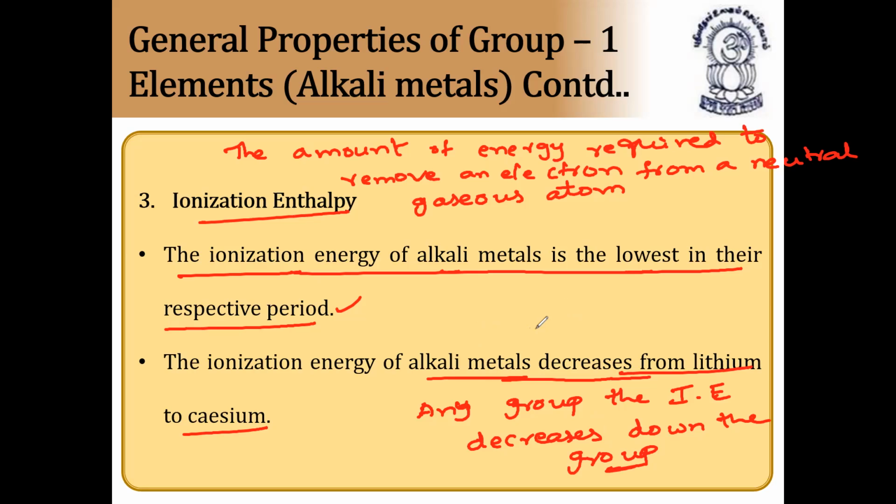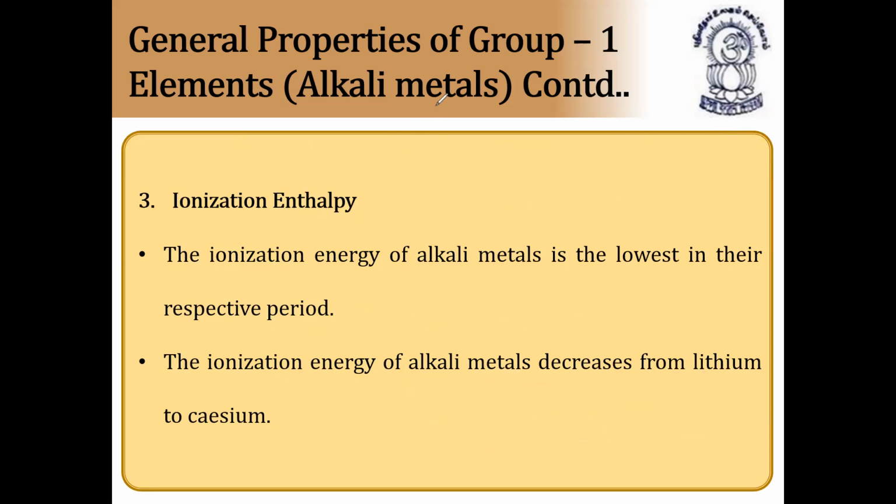For a period we have to see left to right, and for a group we have to see top to bottom. As any group, what happens as we go down the group, the atomic radius increases, hence the ionization enthalpy decreases. So this is called ionization enthalpy. Next continuation.